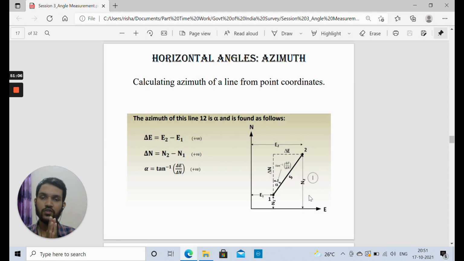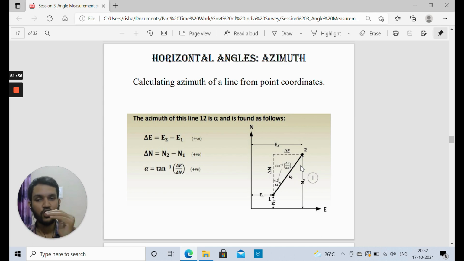That will be the difference of eastings, which I have shown here as E2 minus E1, and the difference in northern coordinates, or in the y axis, you can easily determine as N2 minus N1. So you know the difference in northings and the difference in eastings, so you can easily calculate the angles by considering it as a right angle triangle, because each line, wherever it is inclined, can form a right angle triangle based on the readings of eastings and northings.